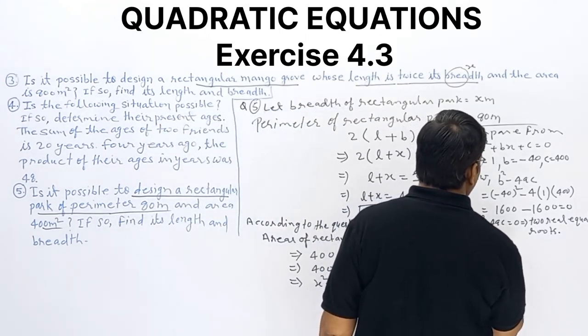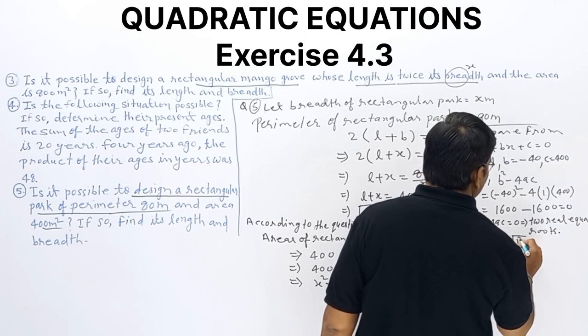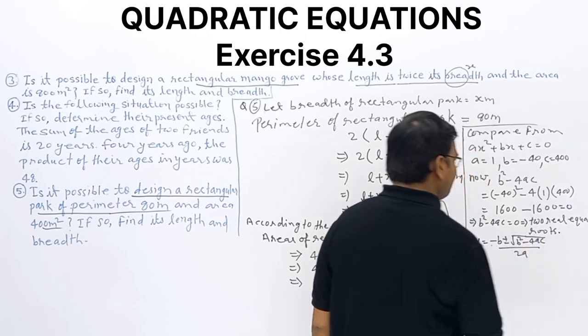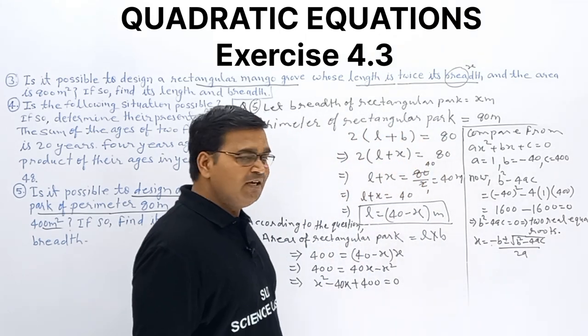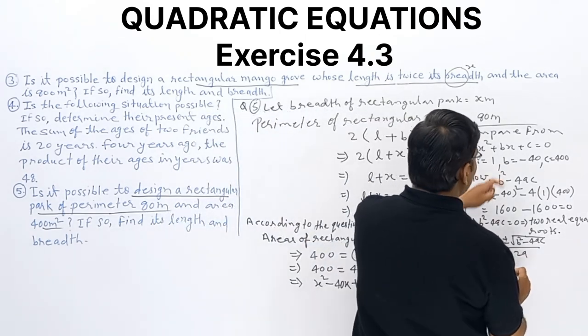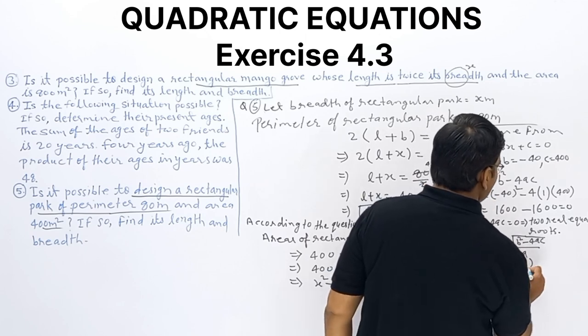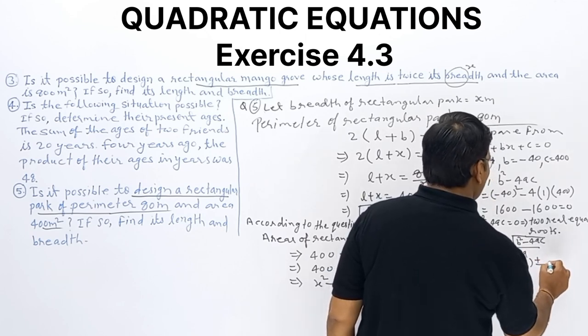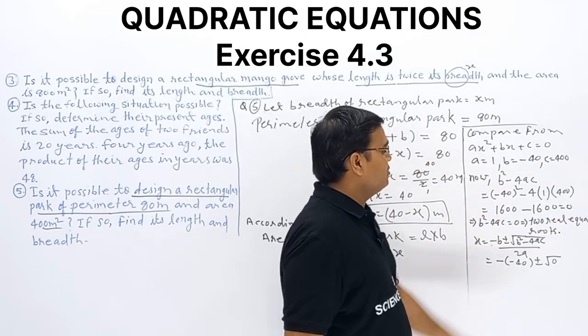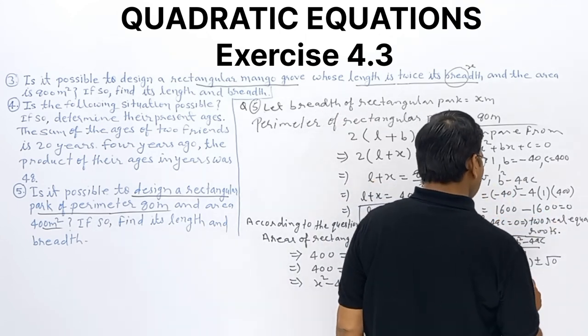So roots will be x equal to minus b plus minus root of b square minus 4ac, divided by 2a. Put values in this formula. Minus b is minus of minus 40, which is 40. What about b square minus 4ac? This is 0. Clear?